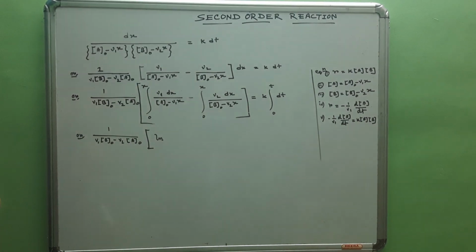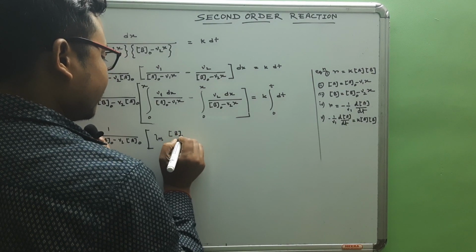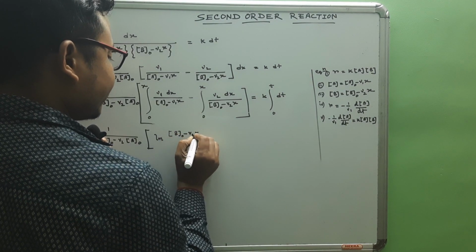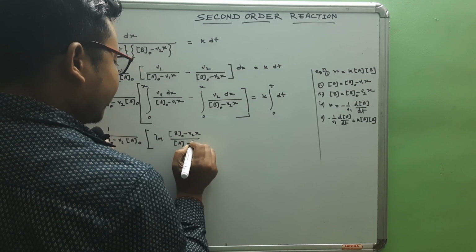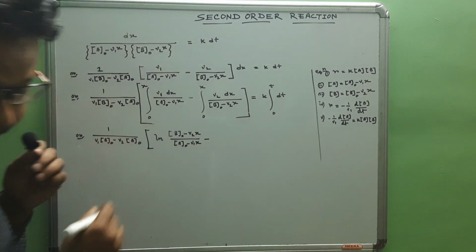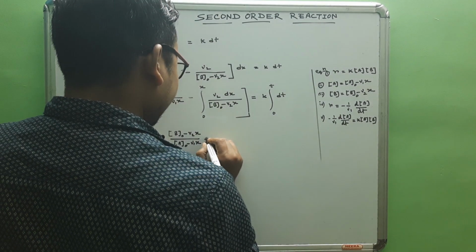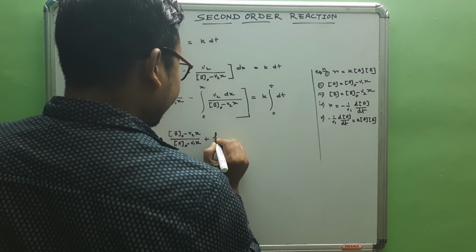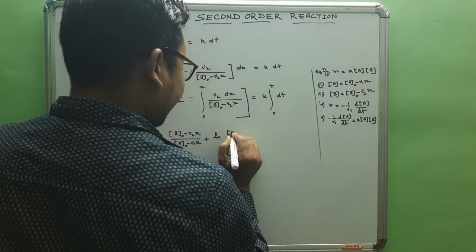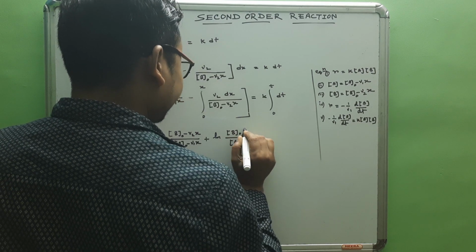The whole thing after putting the limits gives log natural nu 2x by a0 minus nu 1x, there should be minus, or in terms of plus, log natural b0 by a0.